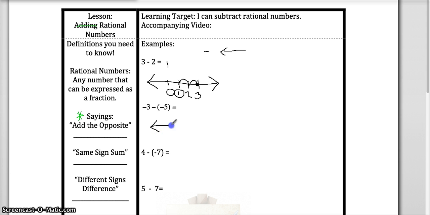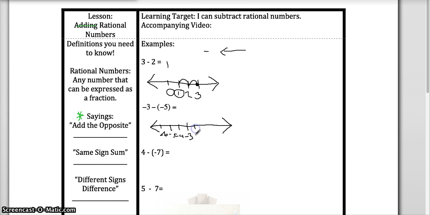-3 take away -5. All right, so let me put -3 right here in the middle. And you can do this on your paper as well. -3, and then let's make this -4, -5, oops, -6.